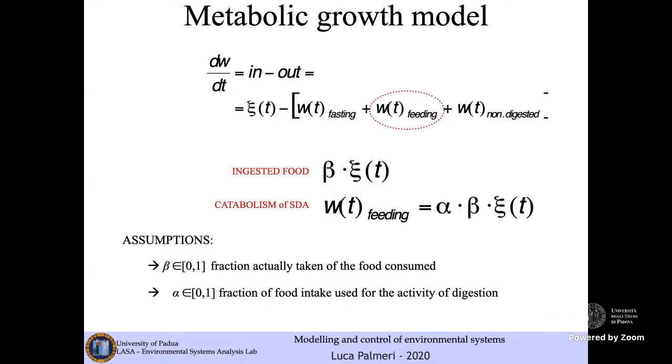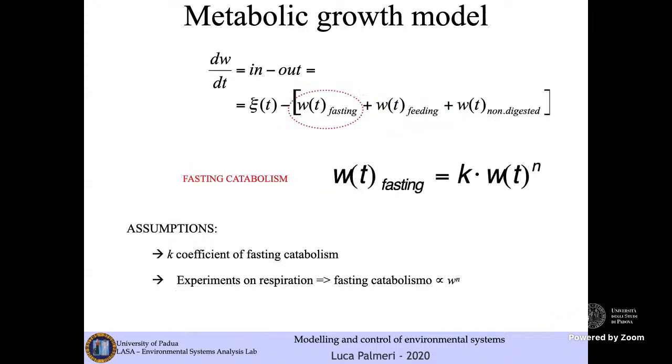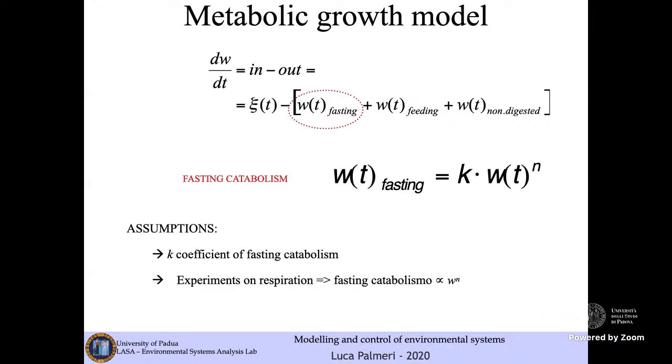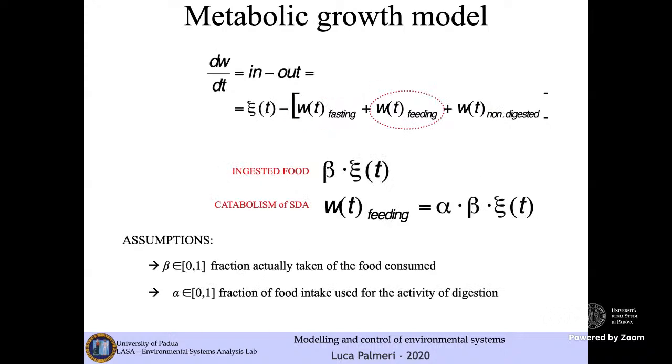finally ingested. As we have seen in our first model, of the consumed food, only a quota is transformed into assimilated material, and this quota is reduced by losses, so that we can write that the feeding metabolism quota is equal to alpha, the fraction of the food intake that is used for specific dynamic action, so for the digestion activities, reduced further by a coefficient beta that describes the fact that not all of the consumed food is actually ingested.